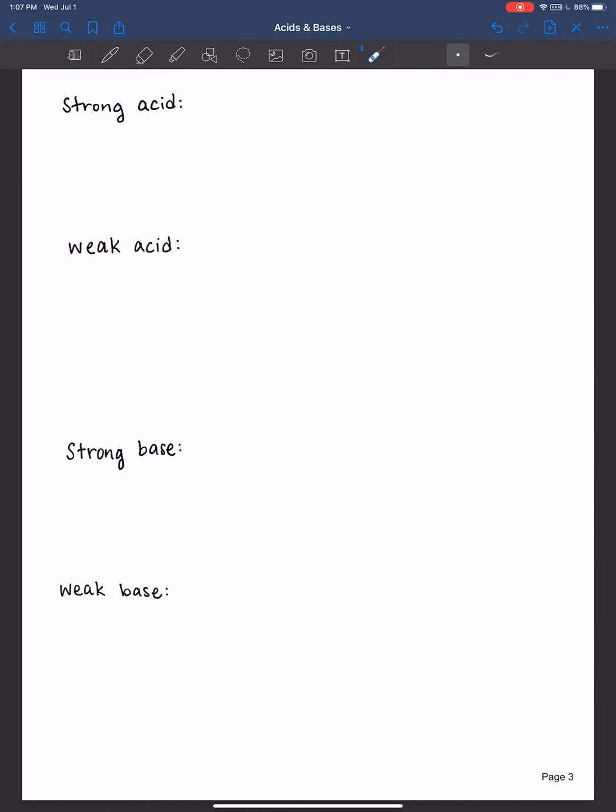Now I want to go over the difference between strong acids and bases and weak acids and bases. So a strong acid completely dissociates, also known as ionizes, in solution.